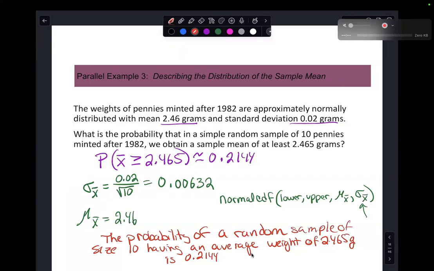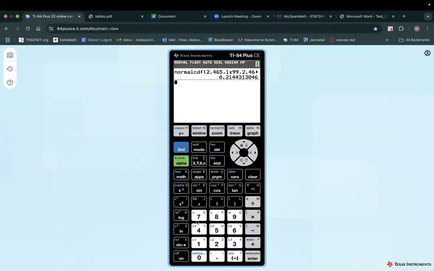I do want to show you guys something cool though. You can do math in your calculator function. Maybe I'm lazy and I don't want to actually calculate my standard deviation. I can do math right in here: 0.02 divided by the square root of 10. You can just put the math directly in there and your calculator will be perfectly fine with it. You can do it from this screen.